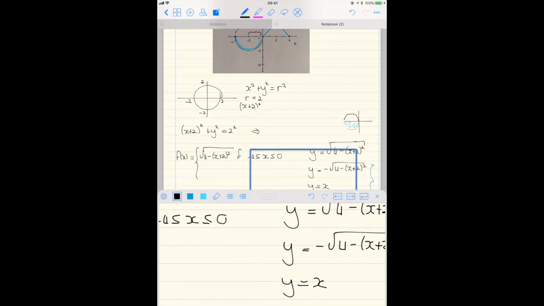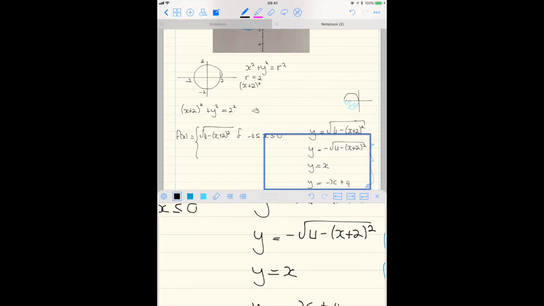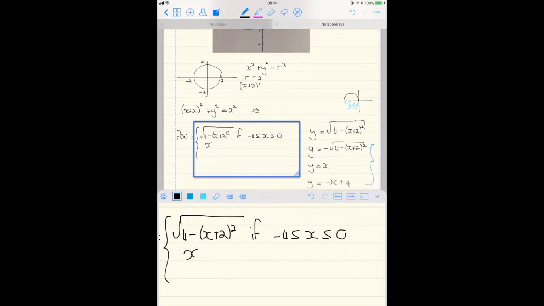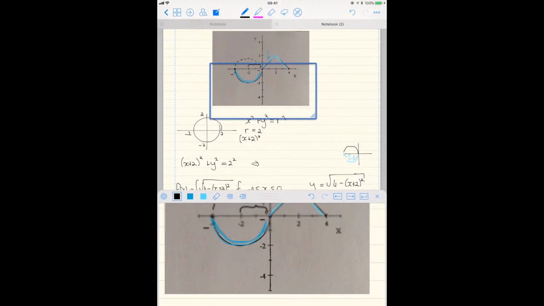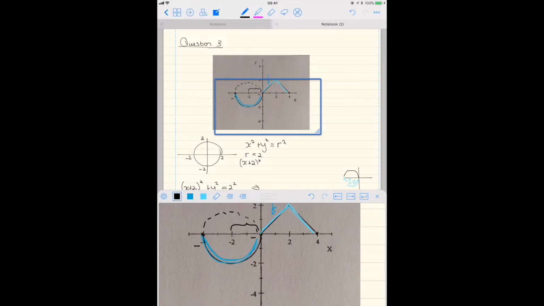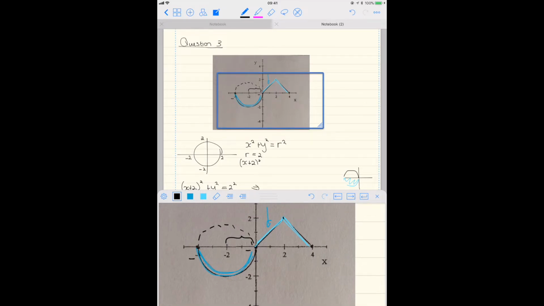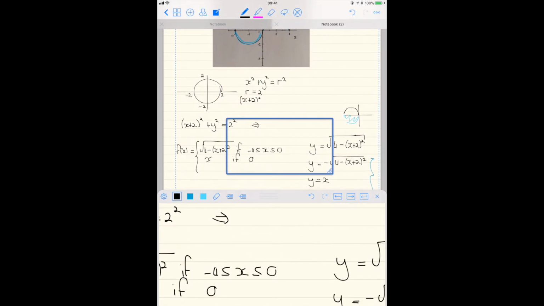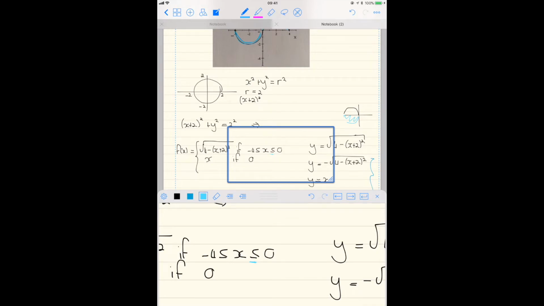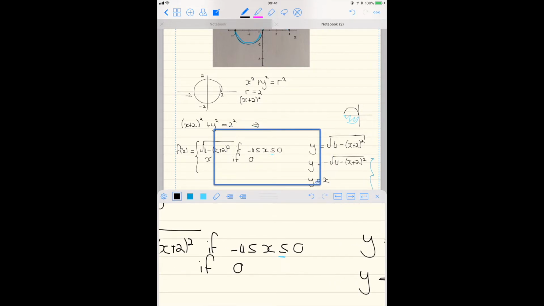Then for the next part we have y is equal to x. So x, if we go from 0, you can see here, to 2. Now, the 0 is not going to be included because we already included it here. So we're going to just have greater than 0, but smaller or equal to 2 because 2 is still included.